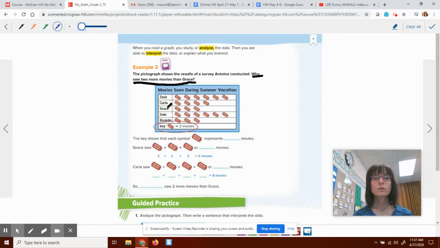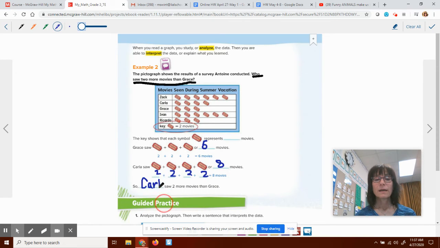I'm going to go down to Grace here, and Grace saw 2, 4, 6. So she saw 6 movies. Someone who saw 2 more would just have 1 more ticket. It looks like Carla. Carla had 2, 4, 6, 8, 8 movies. So Carla has seen 2 more movies than Grace.